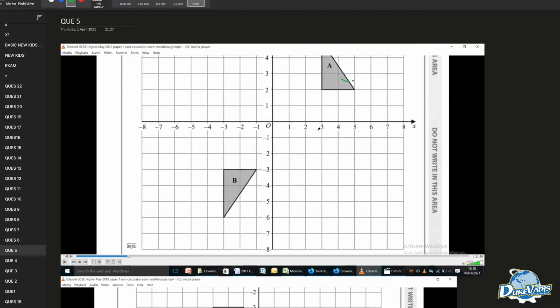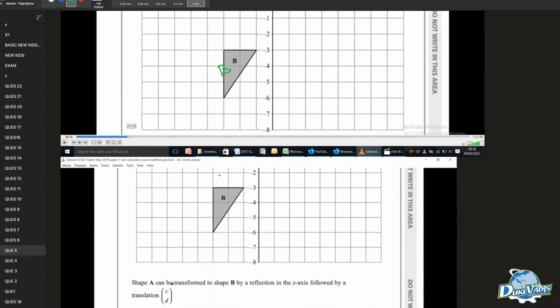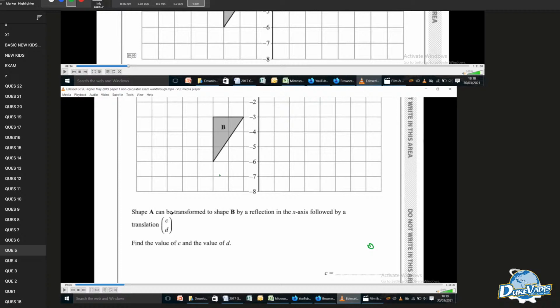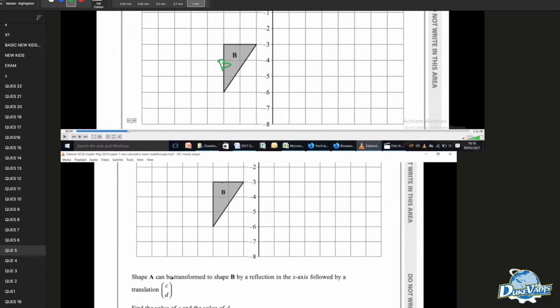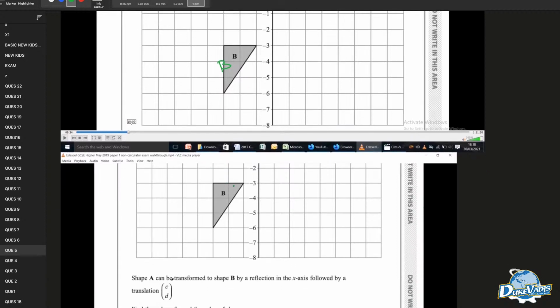So the shape A can be transformed into shape B by a reflection in the x-axis followed by a translation CD. Find the value of C and the value of D. So you see what the question says? It says the shape of A can be transformed into a shape of B.